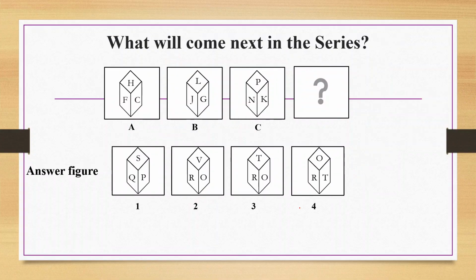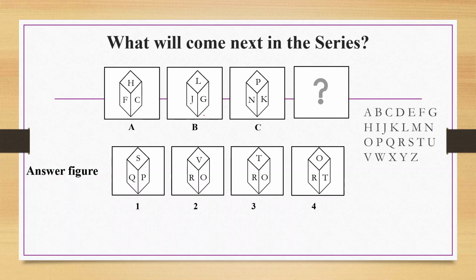So here's the next question in front of you students. Students, here you have to see that there are three faces, the top face, the left face and the right face. Now what we observe is that the alphabet on the top face is four alphabets ahead of the alphabet on the corresponding face of the previous cube.